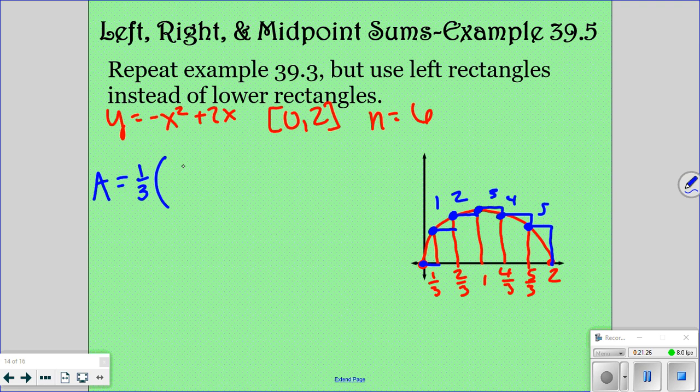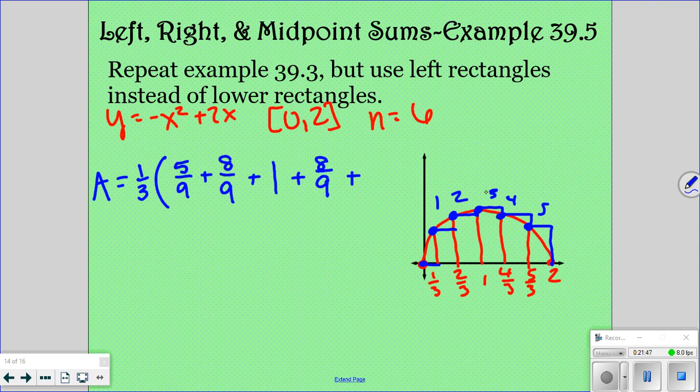you're going to get 5/9. If you plug in 2/3, you get 8/9. If you plug in 1, you get 1. If you plug in 4/3, you get 8/9.